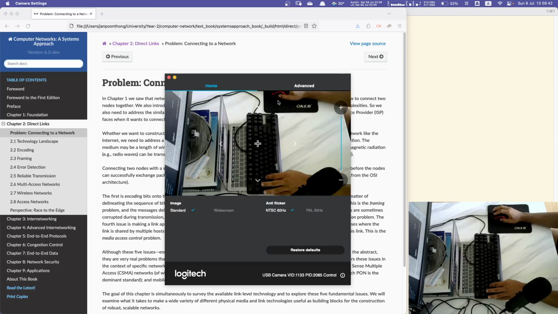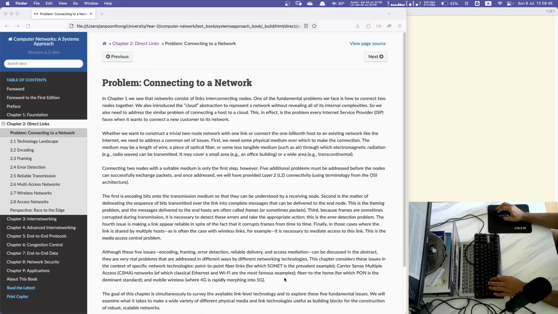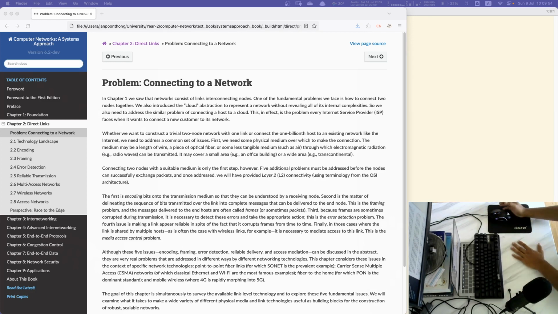Okay, I guess it's good. Okay, so we have to... lately I'm trying to... central limit theorem.